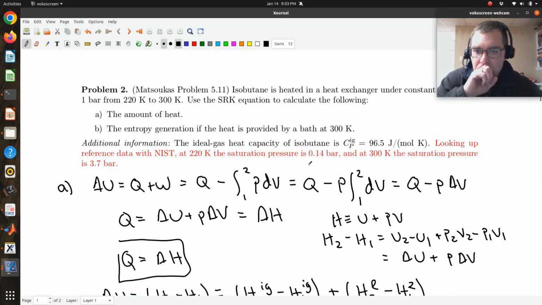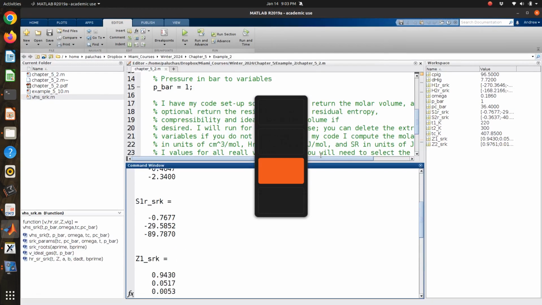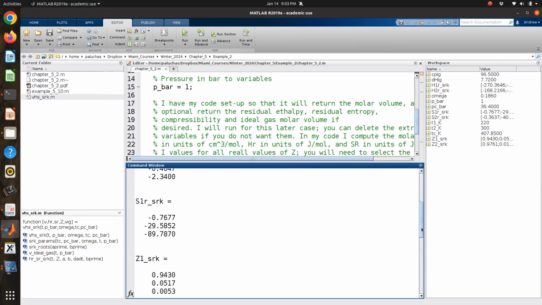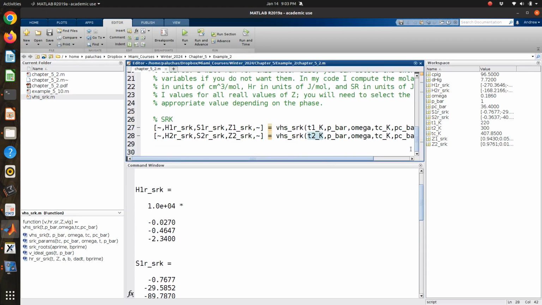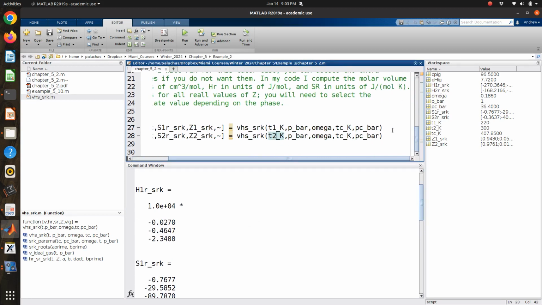Okay, so going back to the problem, we said that in state 1 at 220 Kelvin, P sat is 0.14 bar. So since P is greater than P sat, then I have a liquid. So in state 1 I have a liquid, so that's the third root here. The third root is what I need. So I'm going to update this.